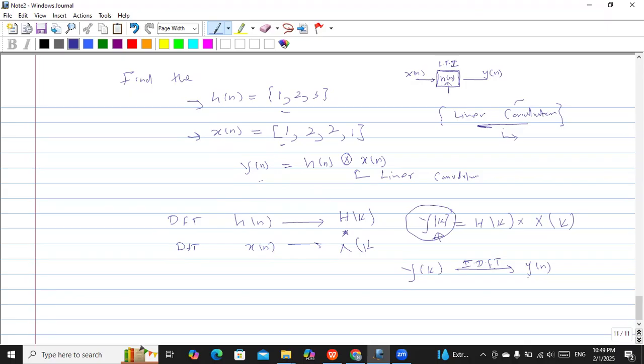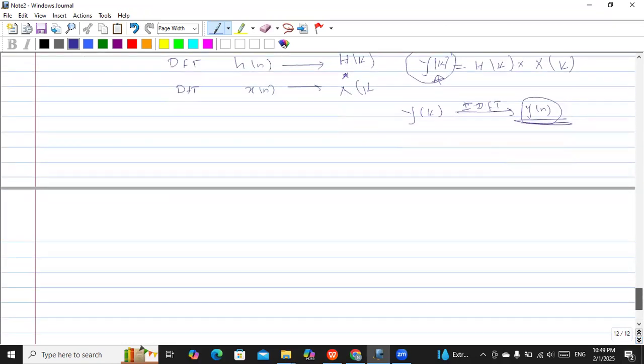Our ultimate goal is to find yn, the response if xn is given. If we apply the IDFT to Yk, we can get yn. So it is simple. We will see how to apply DFT to this one, then we can see how to apply this equation.